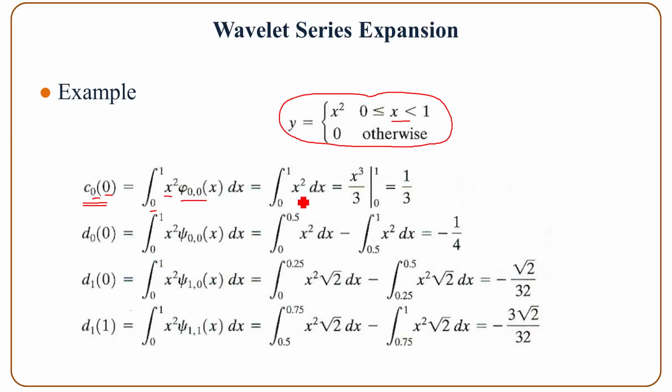So simply taking the integral of x squared dx from 0 to 1, you get 1/3.